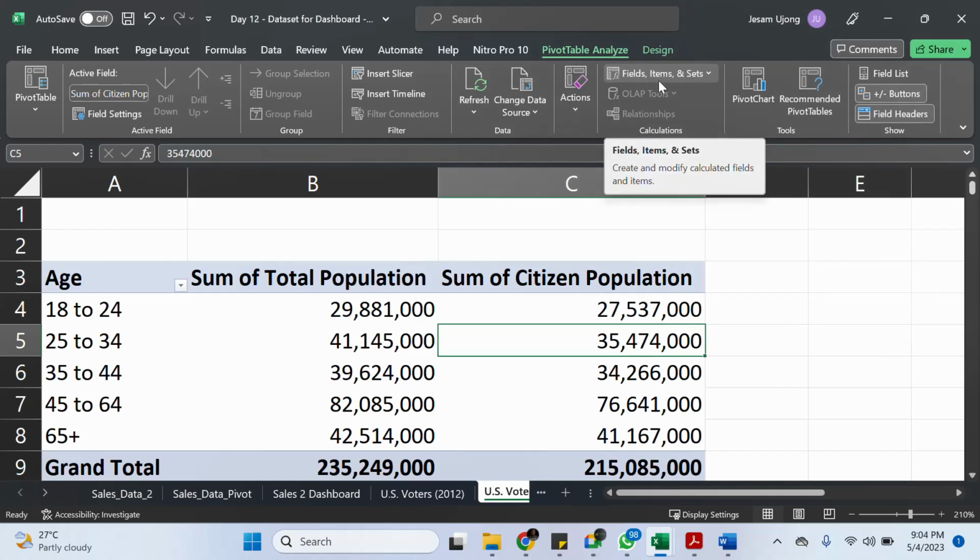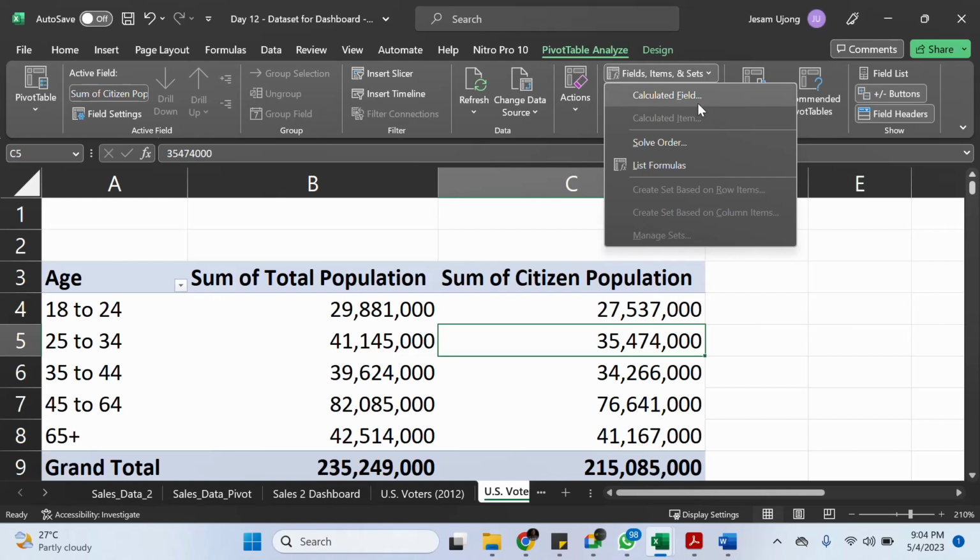Now you see this option under Calculations: Fields, Items, and Sets. You see create and modify calculated fields, items. So you select it and then you'd see Calculated Field.